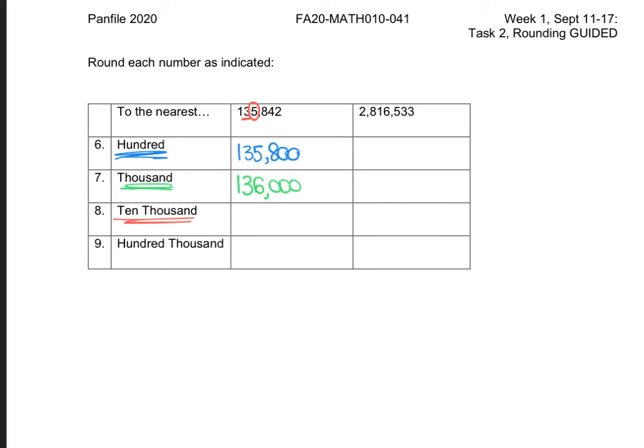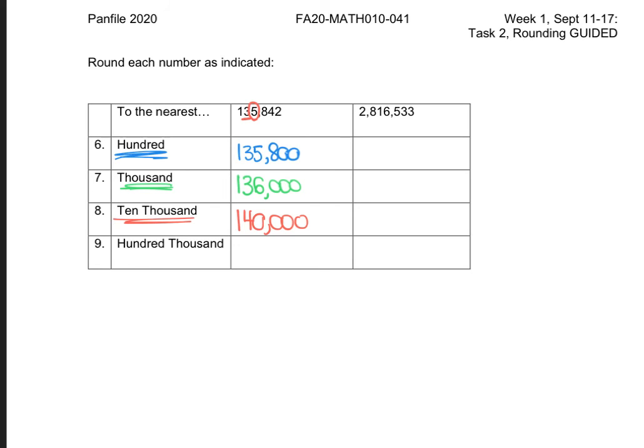So 10,000, we're looking at the 3, and the 3 is dependent on the 5. So the 5 is telling the 3 that it either needs to be a 3 or a 4. 5 says the 3 needs to turn into a 4. I keep the 1, the 3 becomes a 4, and then I put zeros everywhere else to keep the length of the problem, and the commas will help you figure out how many there need to be.